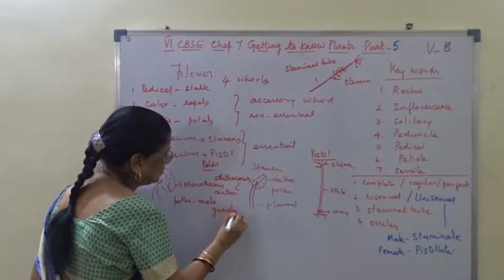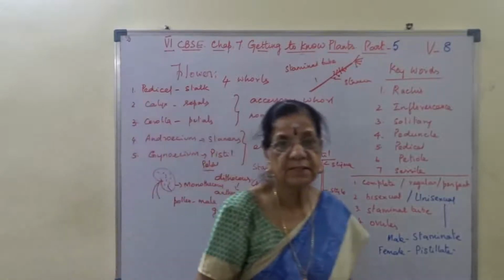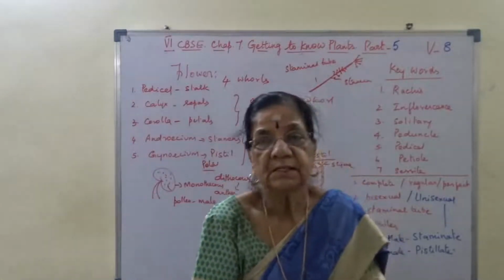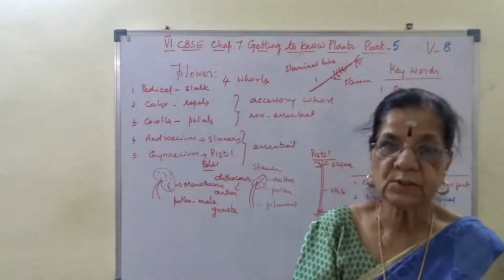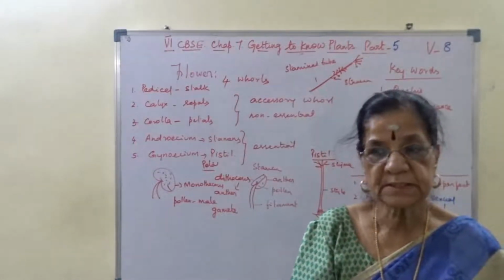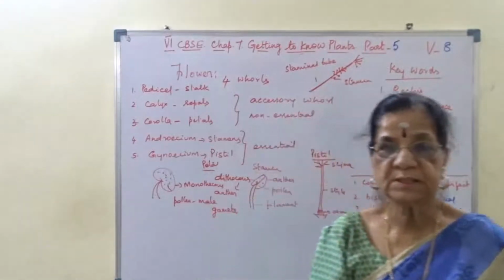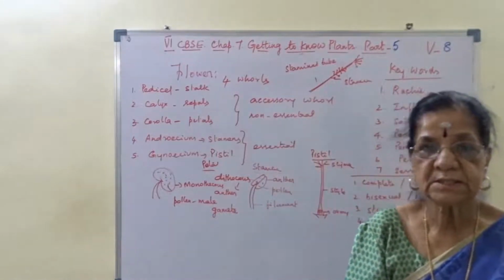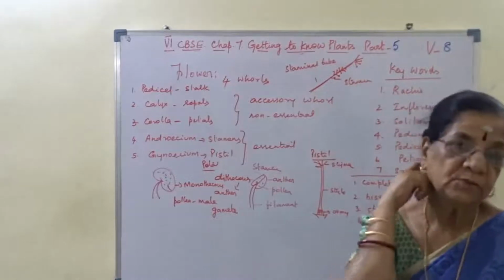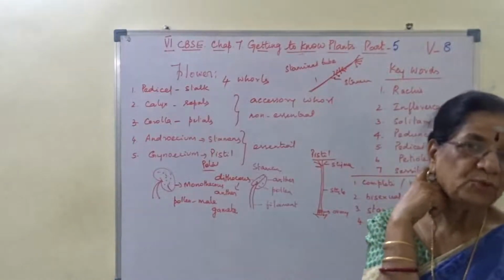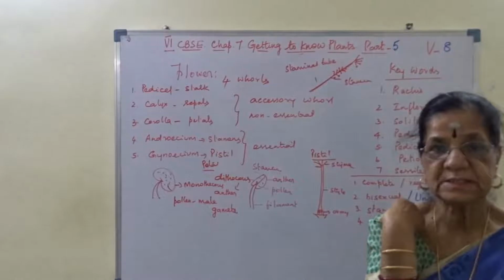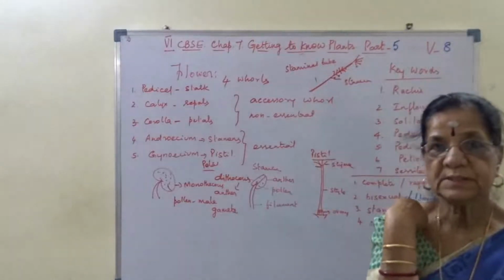As you know, flowers are the reproductive structures and take part in sexual reproduction. Reproduction is the continuation of the species from one generation to the other, or we say the perpetuation of the species. I hope you remember this.